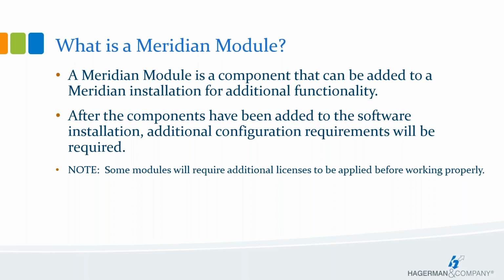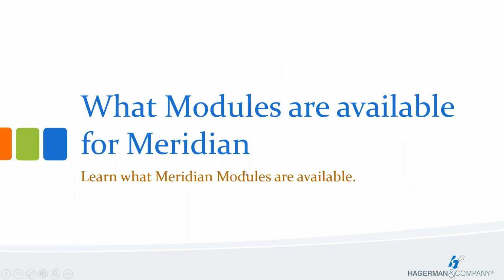Just because we enable a component doesn't mean it automatically turns on like a button. Sometimes there's some installation and additional configuration that needs to occur to fully leverage those components. And as a note, depending on your license structure, some additional licensing might be required to enable certain modules. We'll touch on that in just a minute. But in summary, that's what a Meridian module is.